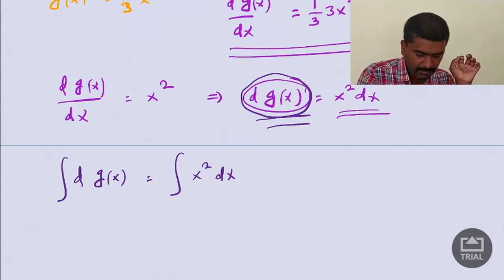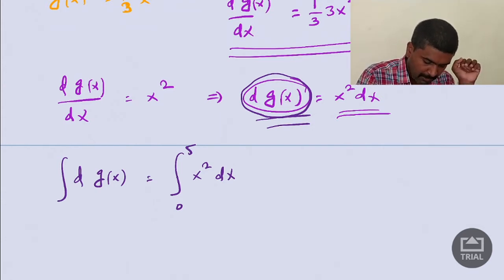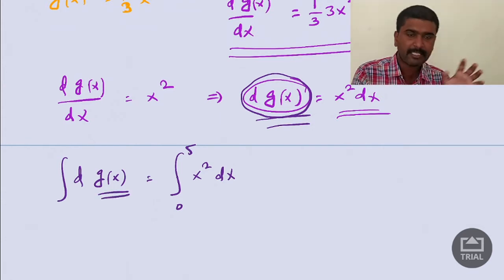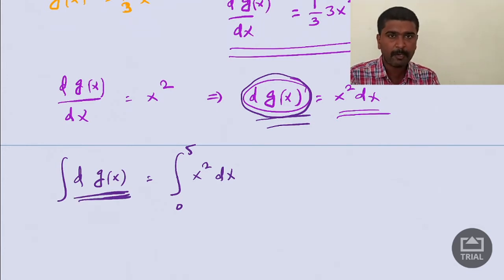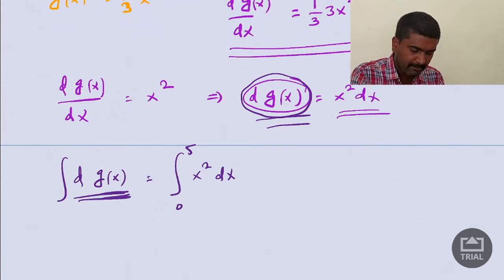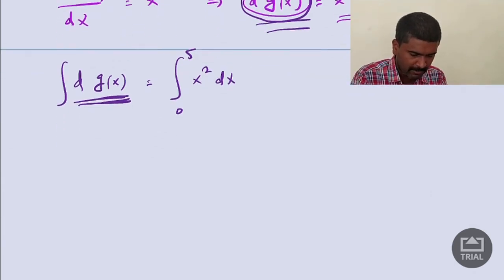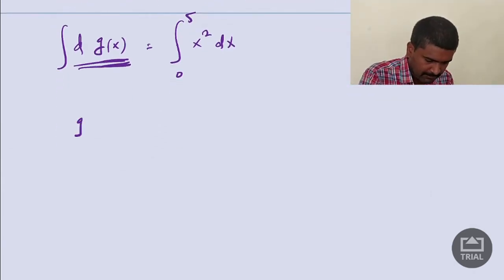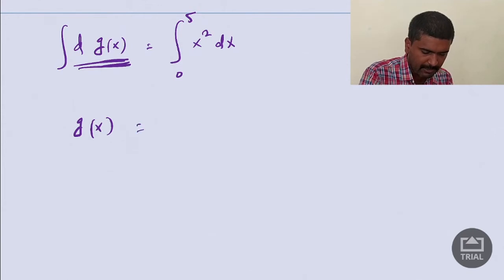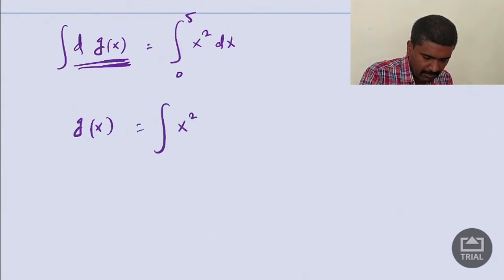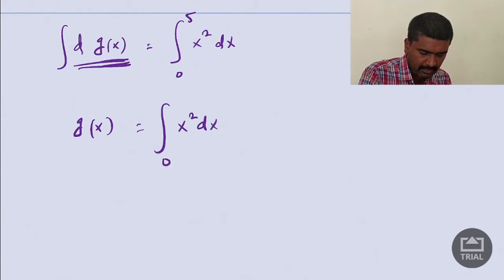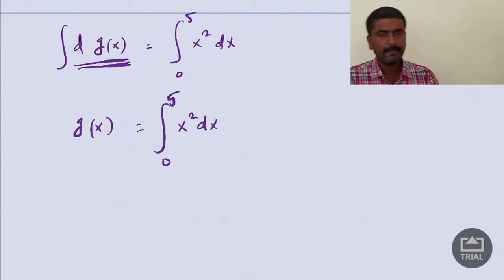Now I want to integrate the function from 0 to 5. Here also you can take from 0 to 5. But when I integrate, because dg of x is the small area under the x square curve, I get the full area, and that full area will be g of x. That will be equal to integral x square dx. You can take the boundary conditions from 0 to 5.